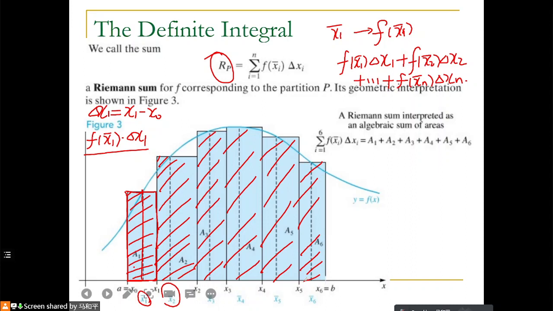So a Riemann sum can be interpreted as an algebraic sum of areas A1 plus A2 plus A3 plus A4 plus A5 plus A6. We can use the sum of these to approximate the area of the region under this curve, between a and b.